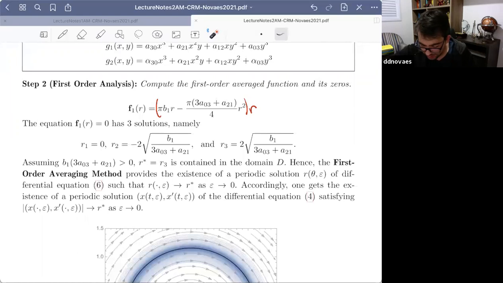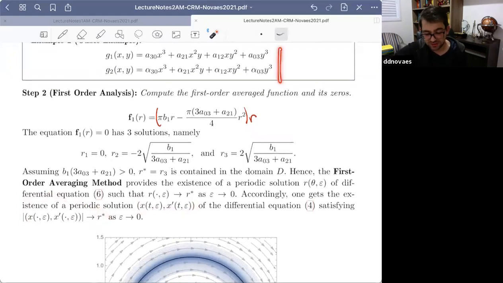So if we go back with the transformations, we conclude that there exists a periodic solution of our second order differential equation, satisfying that the norm of the periodic solution converges to R star as epsilon goes to 0. Note that if we increase the degree of the perturbation, then we obtain information about the existence of periodic solutions in a lower order of averaging.